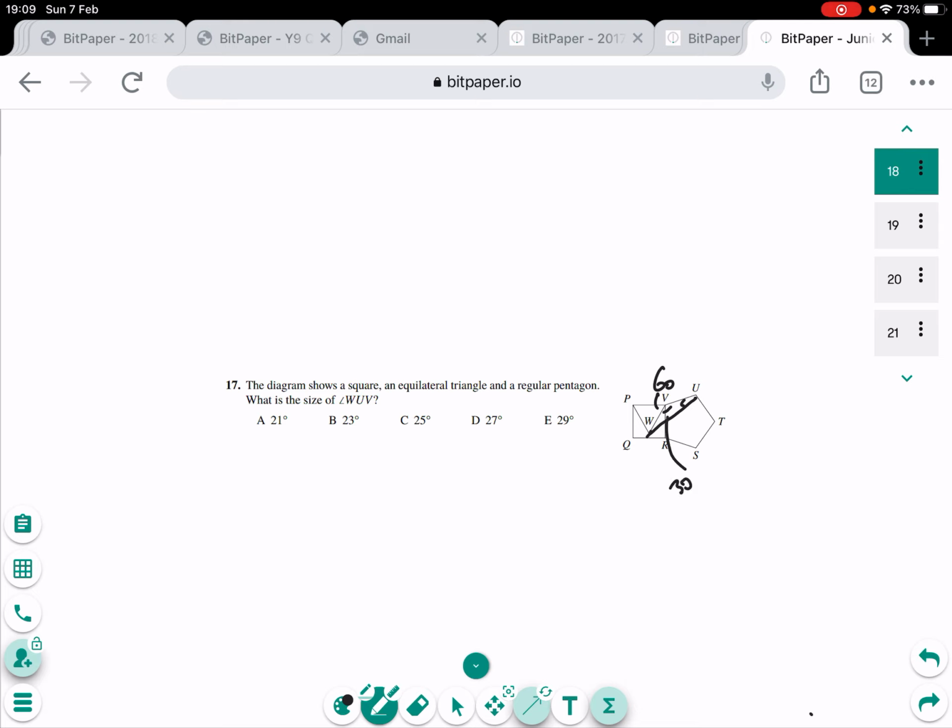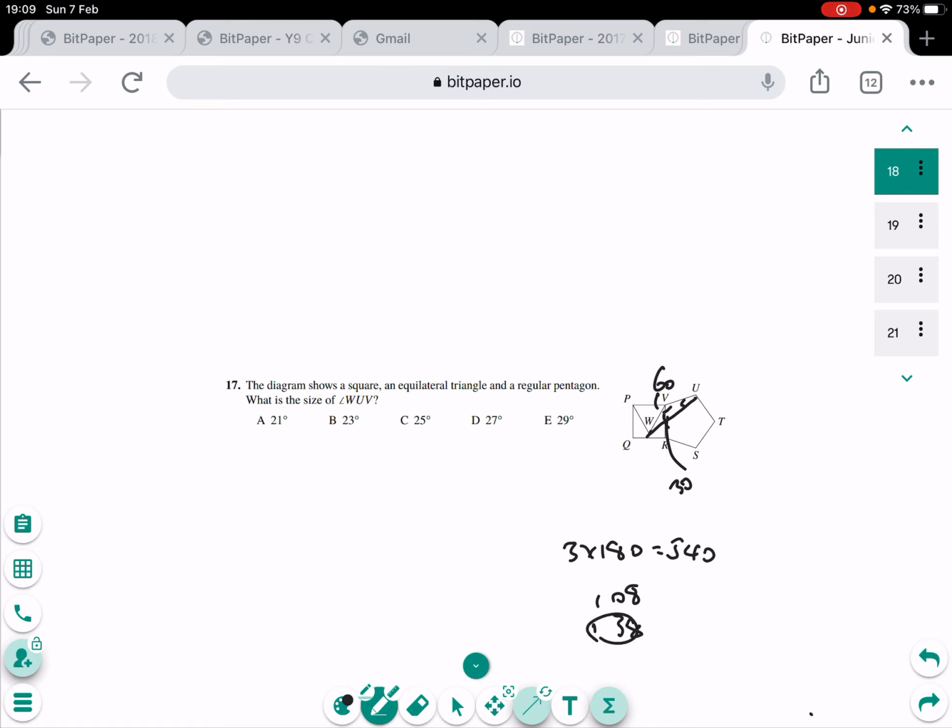So I'm pointing to this angle, and so 3 times 180, that's 540, so 108. 108 plus 30 equals 138. What am I trying to achieve here?